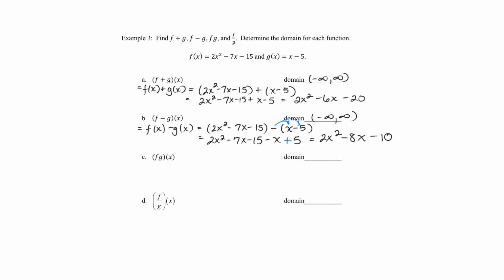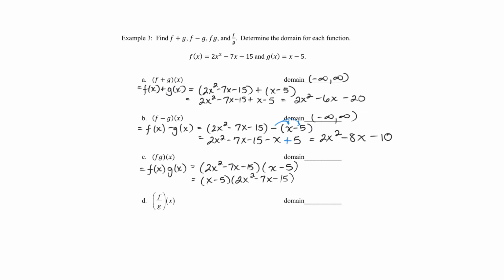F times g of x is f of x times g of x, or 2x squared minus 7x minus 15 times x minus 5. It's a little easier to distribute if you put the binomial on the left because multiplication is commutative.